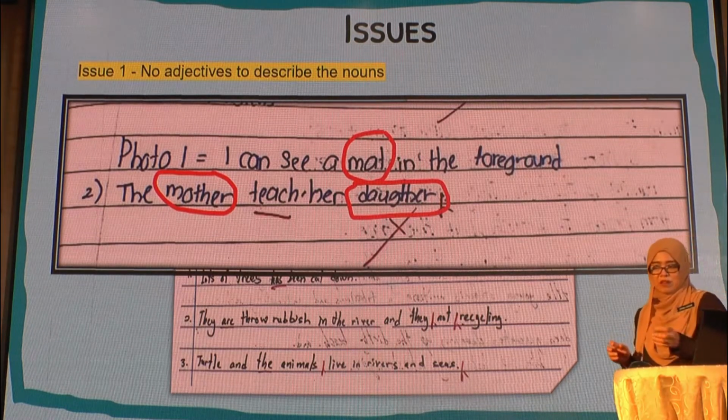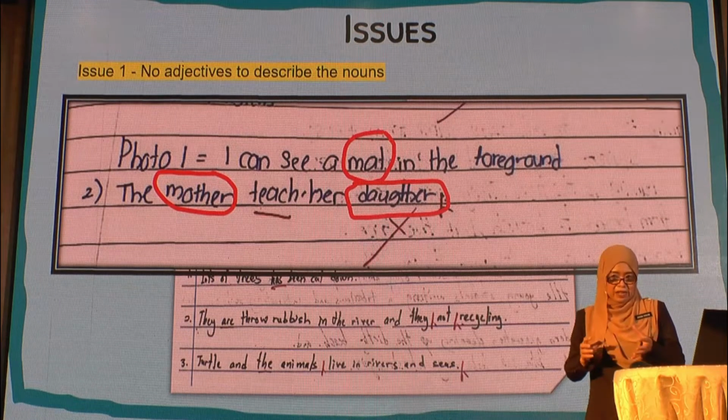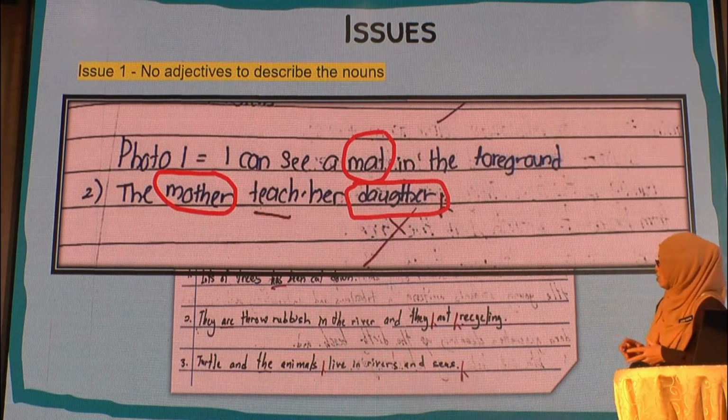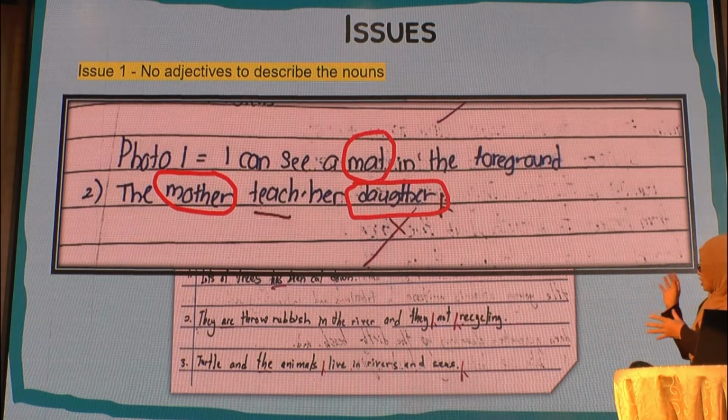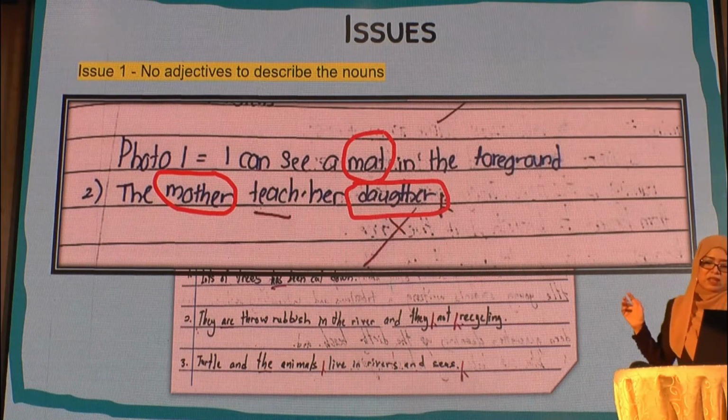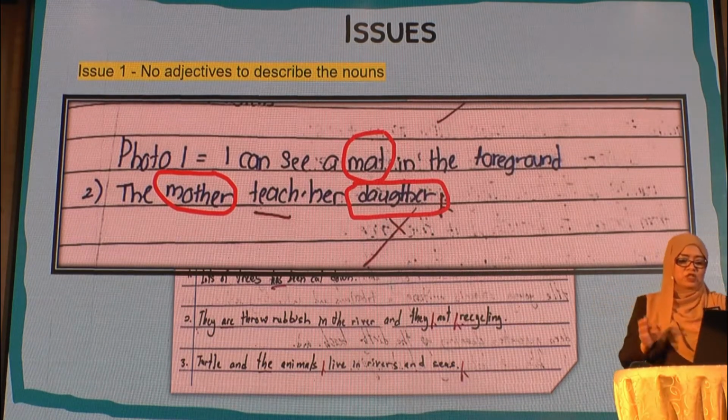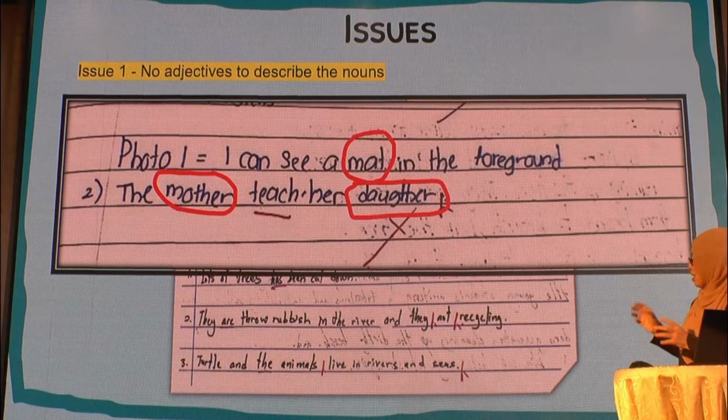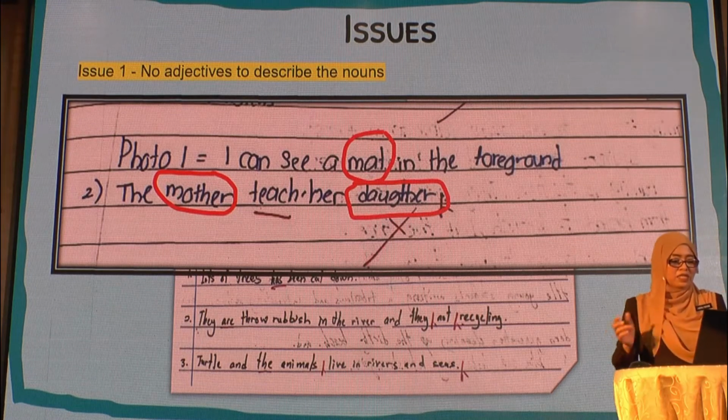Before they come up with the adjective, they have to identify the nouns in the sentence or in the photo. You can see from this response of my student, the words that I circled, like mat, mother, and daughter, are all nouns. They have to describe these nouns. But in this example, my students do not describe the nouns. They just write the nouns in the sentence.